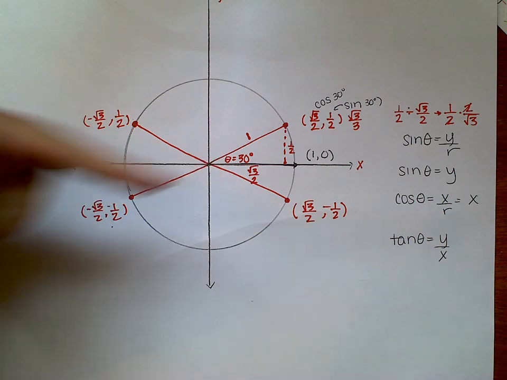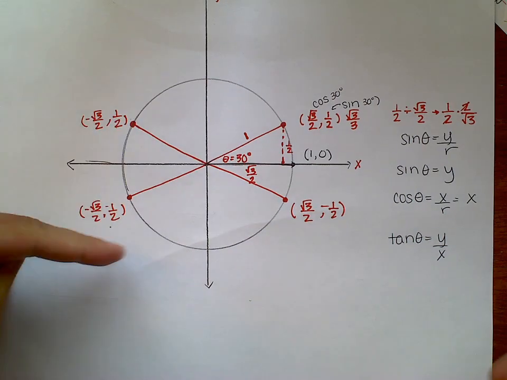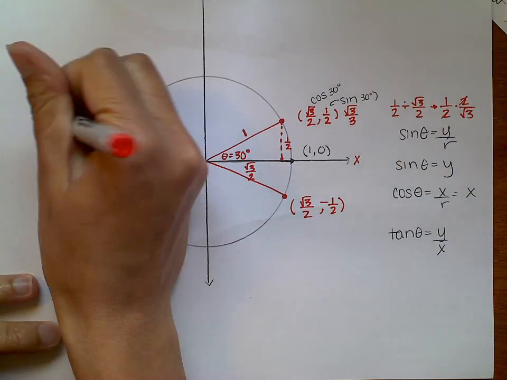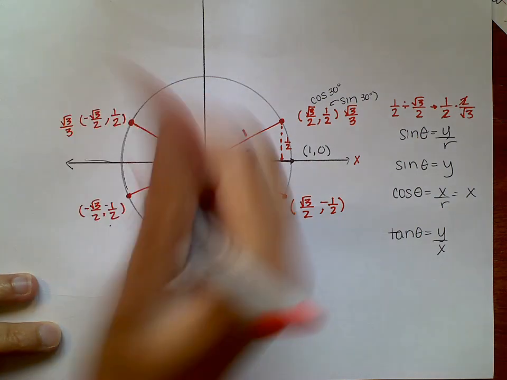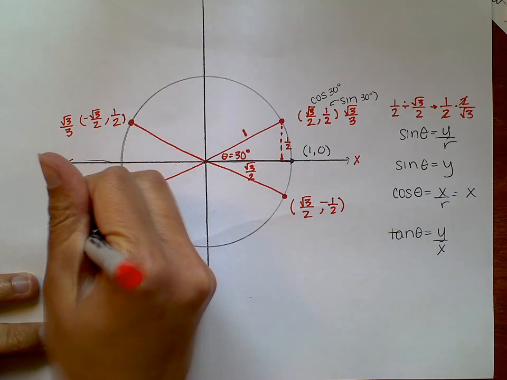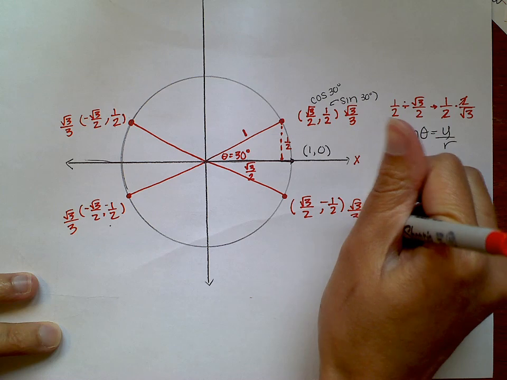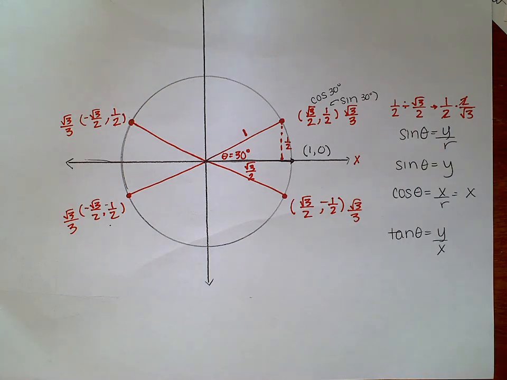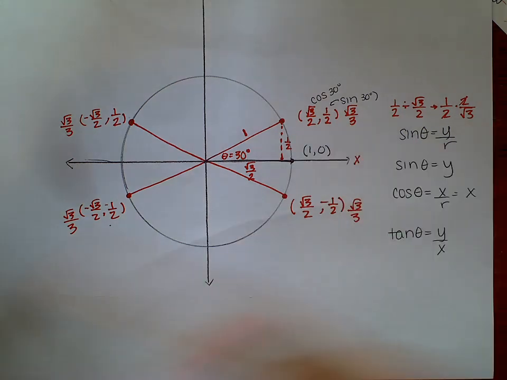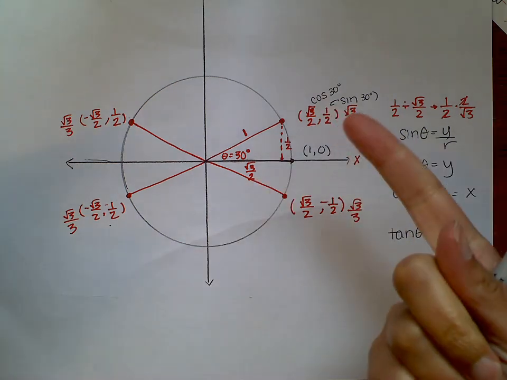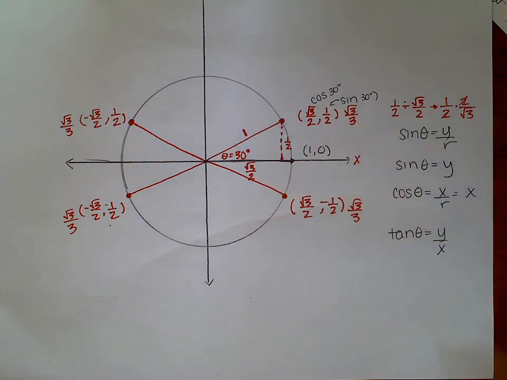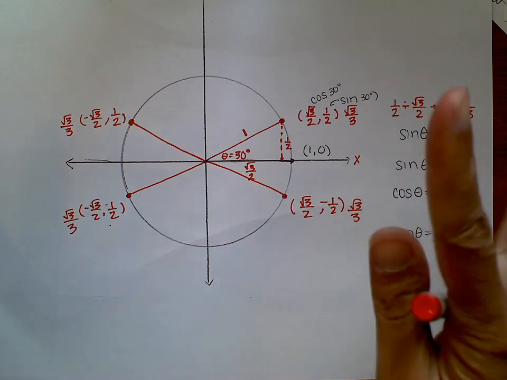So that's your tangent value at this 30 degree point, no matter where I go, because whenever I divide, I'm always going to get the same thing. So this is root 3 over 3, root 3 over 3 for tangent, root 3 over 3 for tangent. The only thing I need to think about then is whether it's positive or negative. I can think about the quadrant that I'm in, and if tangent is positive or negative there, but I can also think about tangent as slope. I'm sorry, I'm talking really fast. This is so exciting.